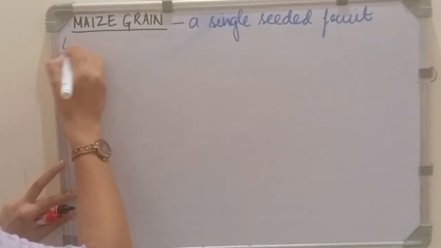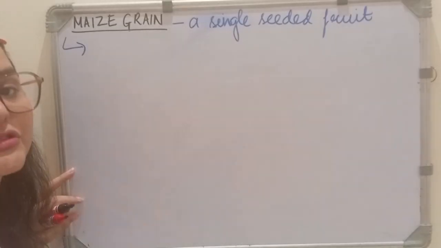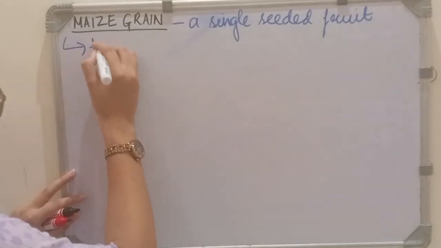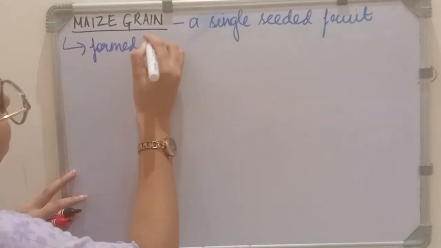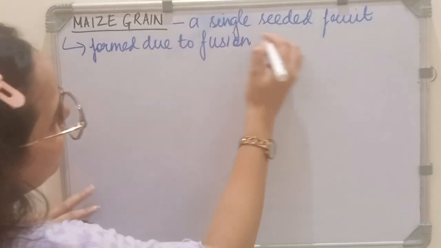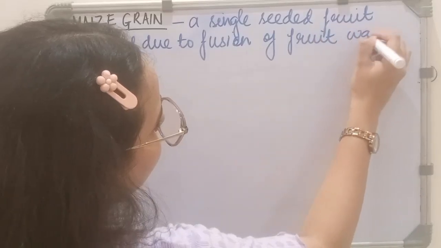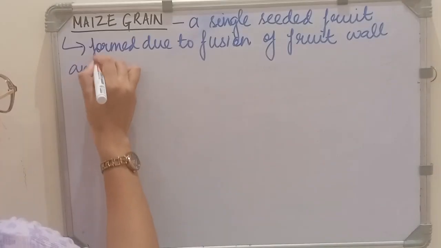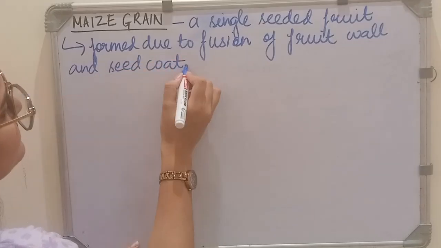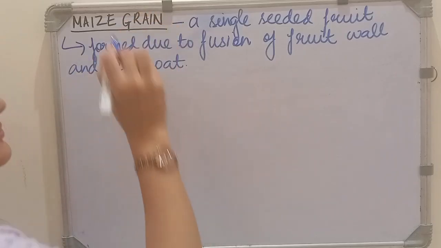Now, the second point is this maize grain is formed due to the fusion of fruit wall and the seed coat. This we studied in the definition of grain. So it is grain, maize grain.